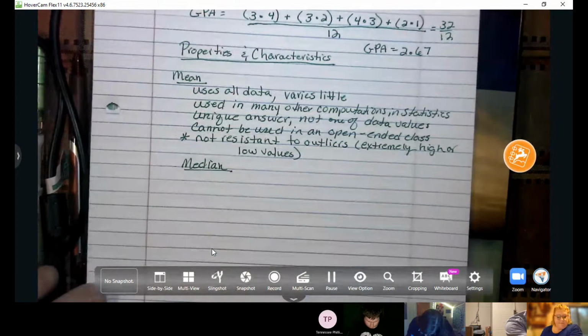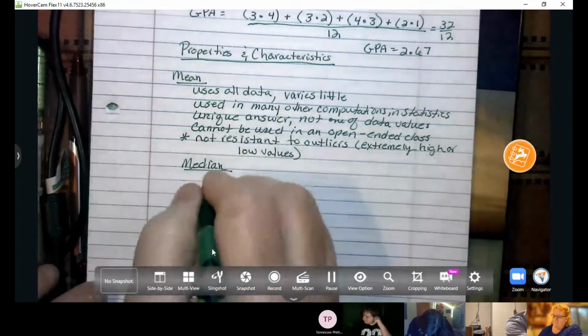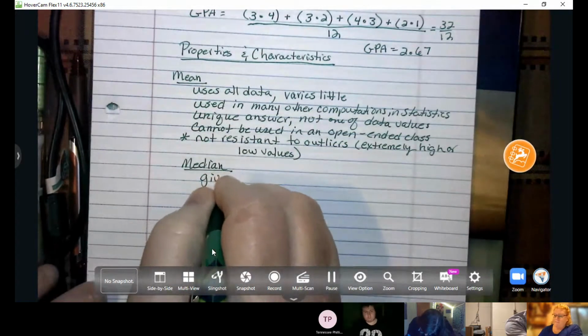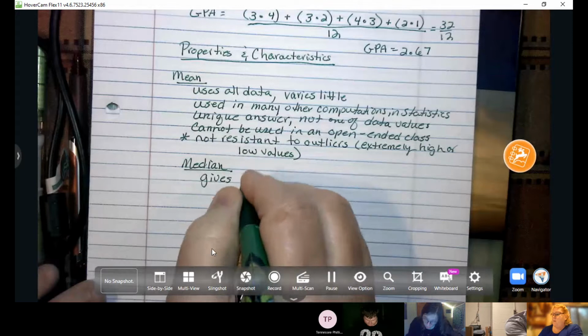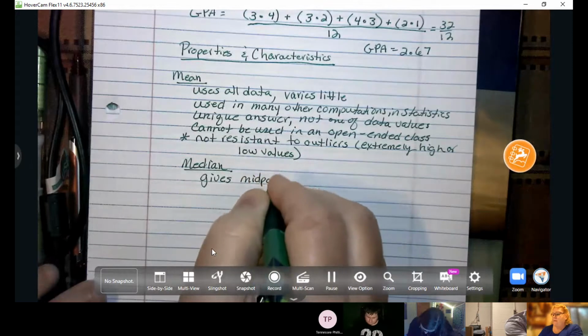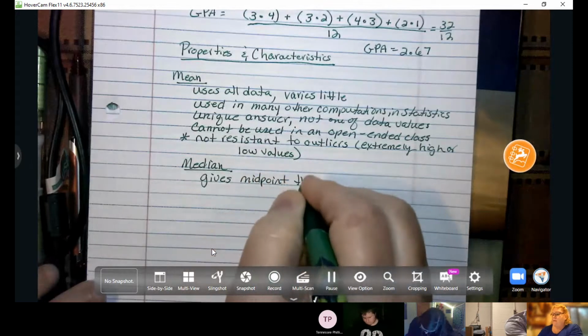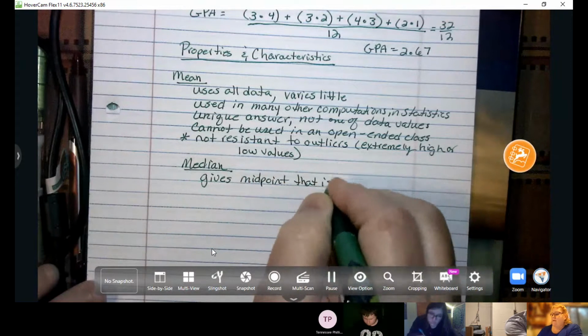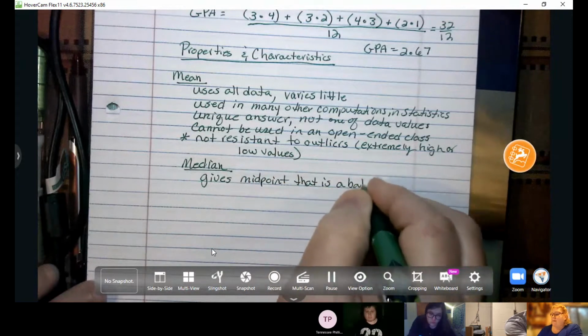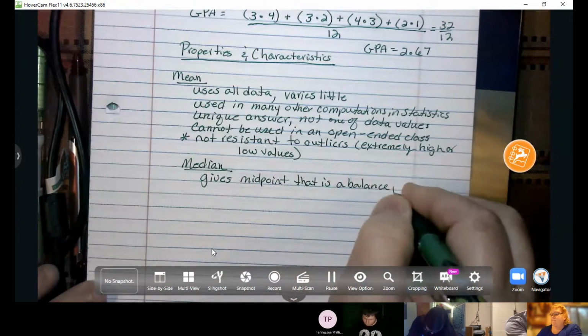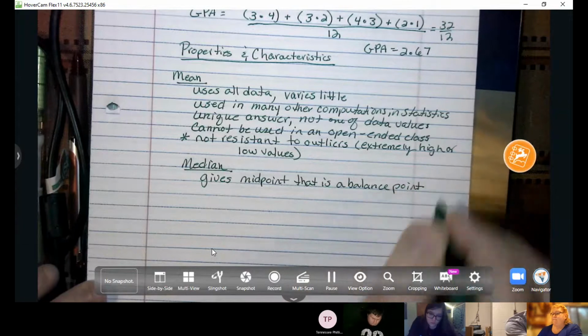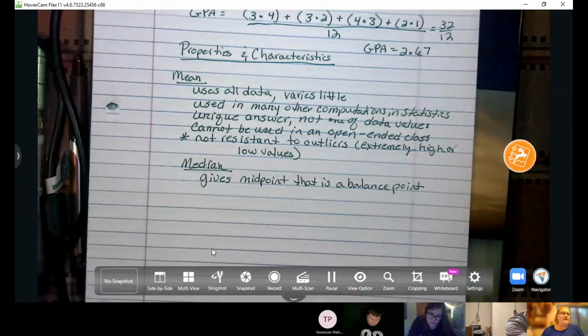The median. It gives a midpoint, that is a balance point. It's going to be even on both sides.